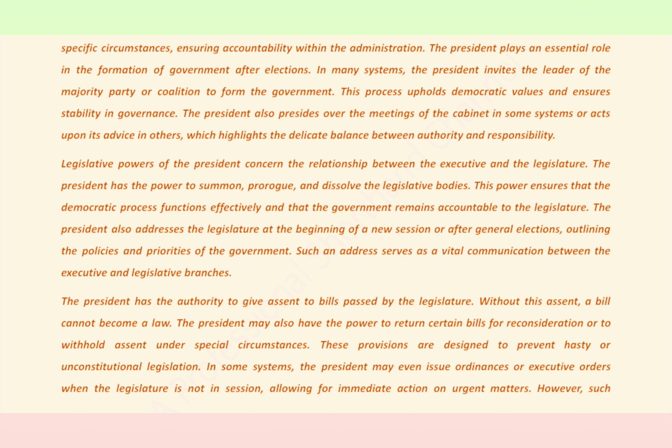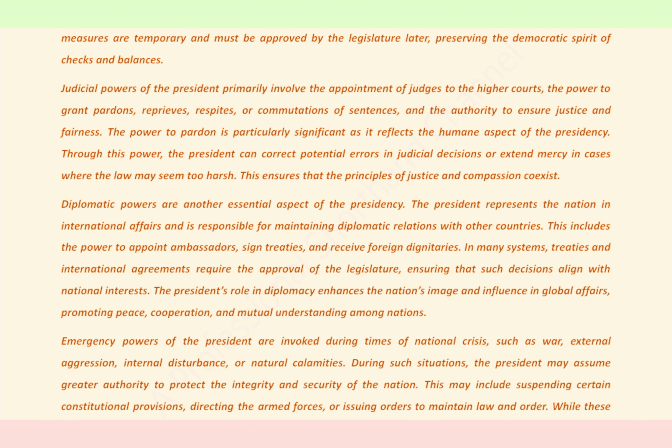In some systems, the President may even issue ordinances or executive orders when the legislature is not in session, allowing for immediate action on urgent matters. However, such measures are temporary and must be approved by the legislature later, preserving the democratic spirit of checks and balances.